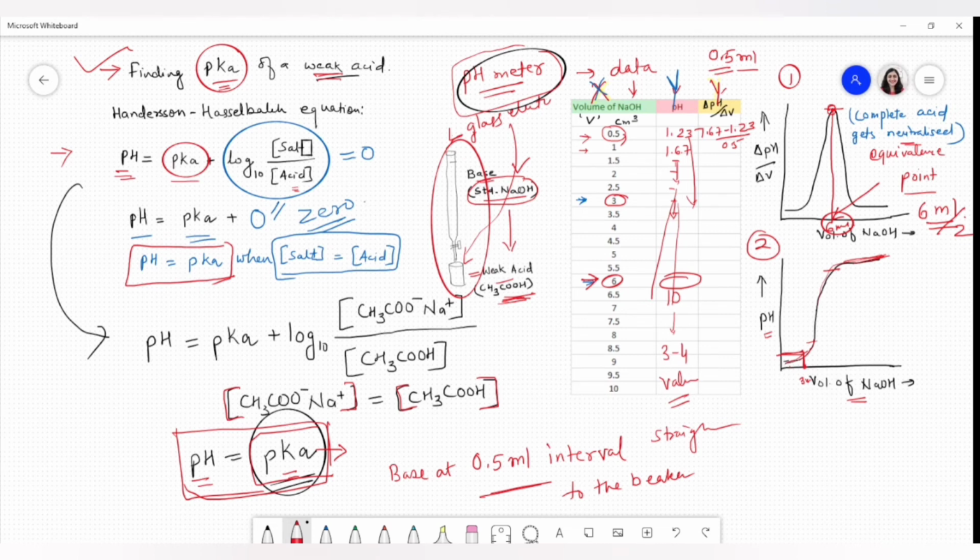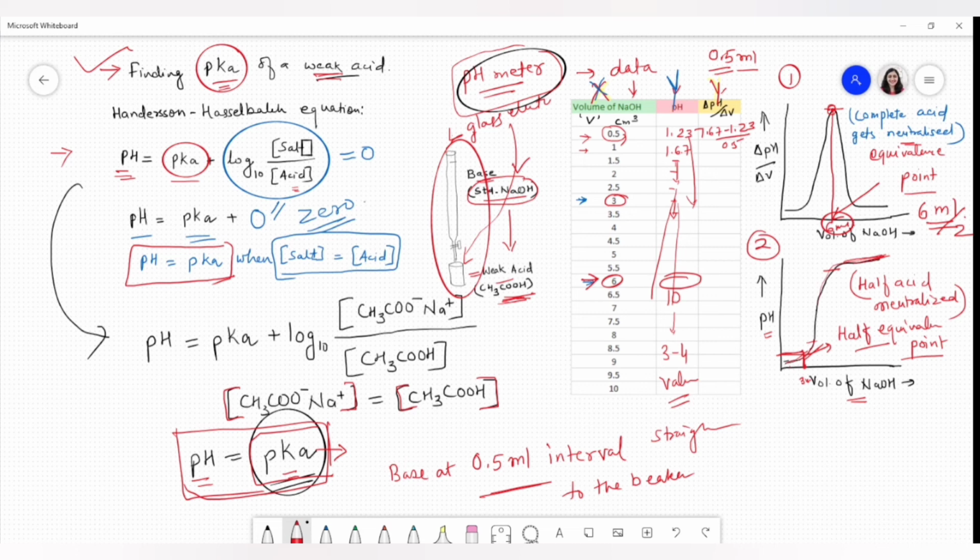So this is the half equivalence point. Half equivalence point is nothing but where half the acid gets neutralized. This is very important, that now with the help of the second graph we have found the half equivalence point.